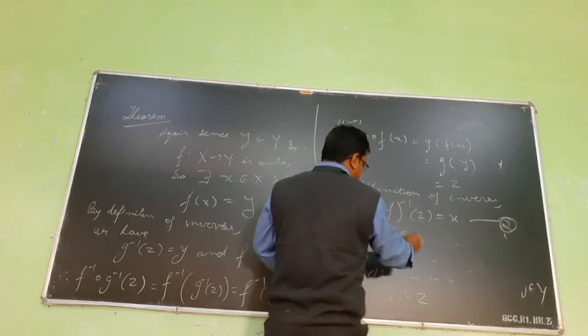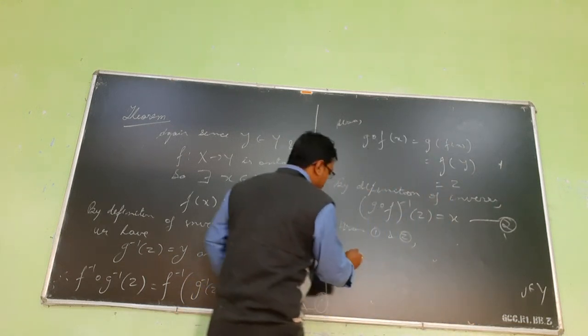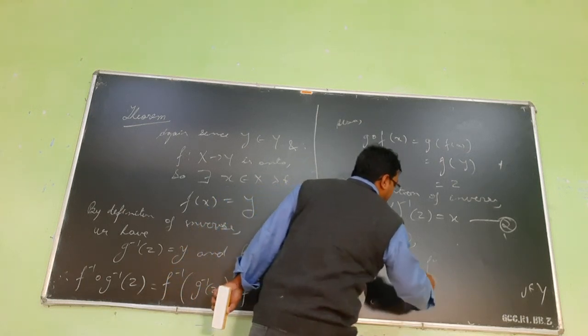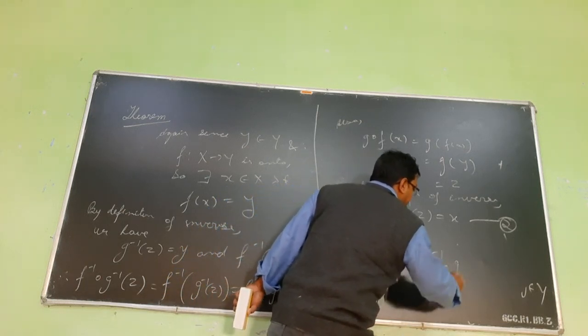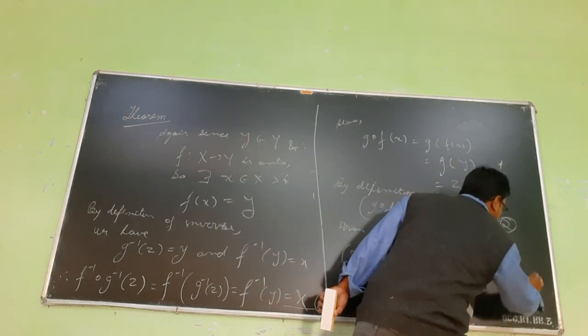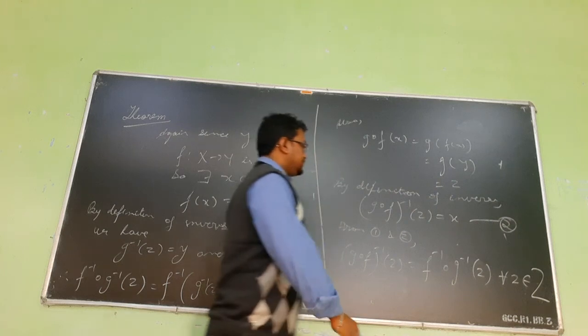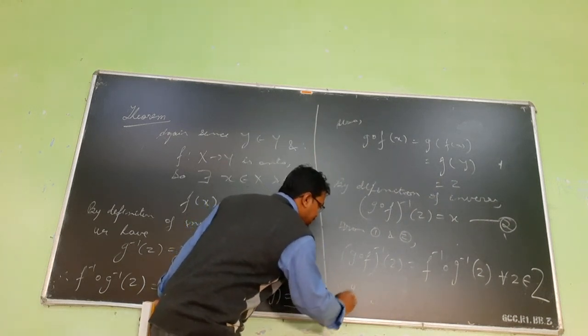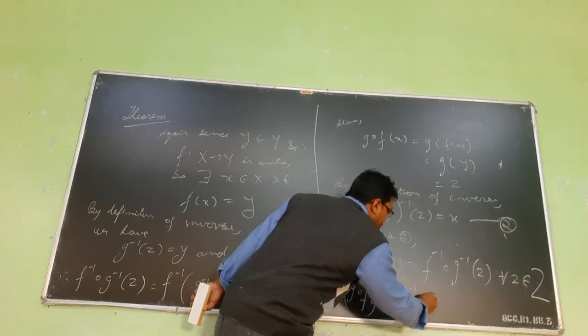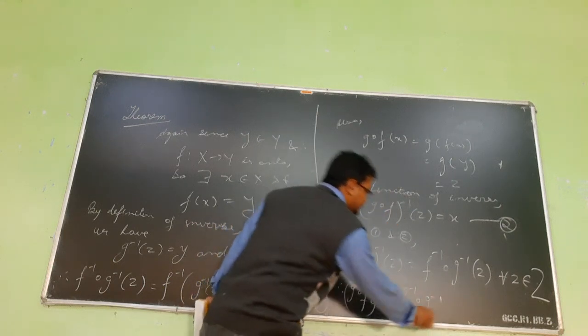we have (g∘f) whole inverse of z is equal to f inverse ∘ g inverse of z for all z inside Z. Therefore, (g∘f) whole inverse is the same as f inverse ∘ g inverse. Okay, proved.